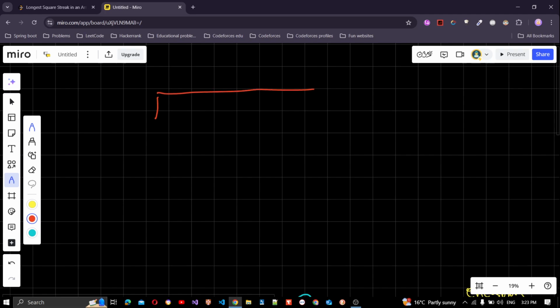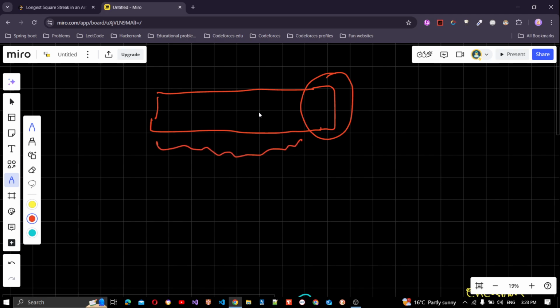We said, if I have such a sequence in the array, let's think about the last value of this sequence. Whatever this last value is, if we can find a value that is the square root of this value.